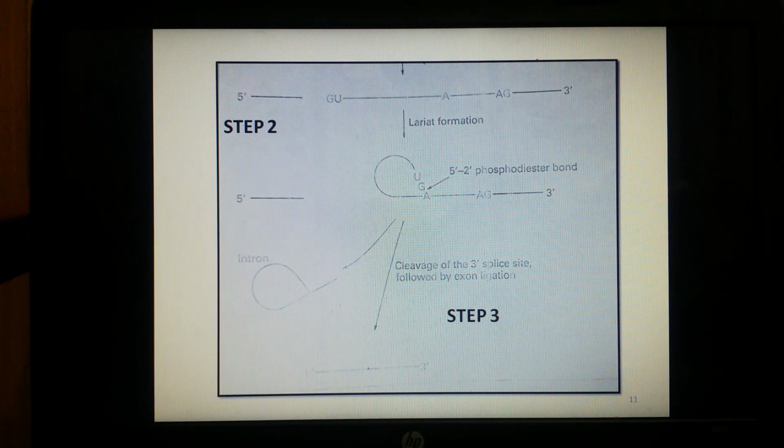However, in yeast, the branch site, which I have told you is the site near the 3' end of the intron, is the last A in the TAAC box. I have told you that in yeast there is an additional conserved sequence, the TAAC box.